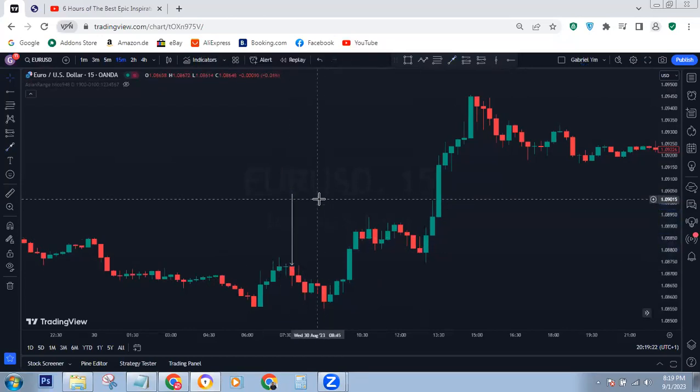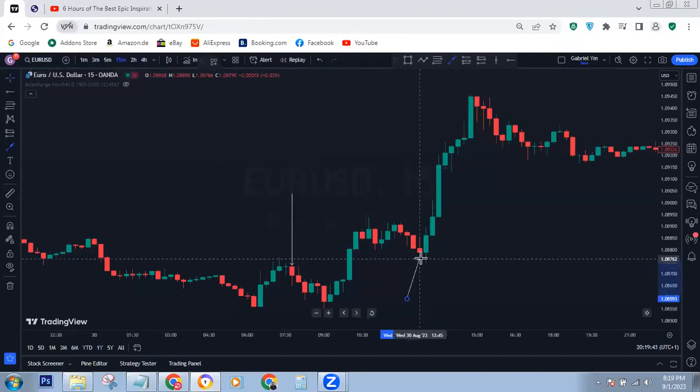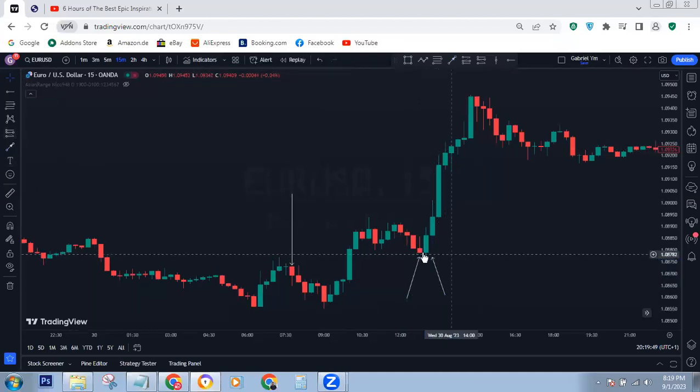Now, getting to know all of that, we get down to the next one, which is engulfing candles. What do you mean by engulfing candle? Engulfing happens between two candles. Look at this candle and look at this candle. You will see that this candle is bigger than the one on the left.